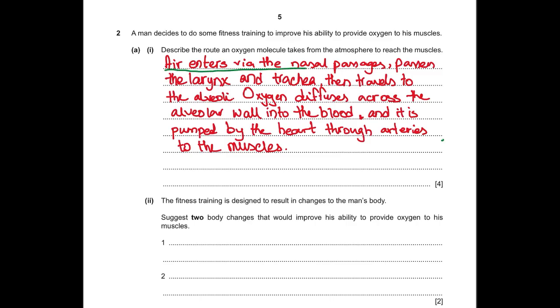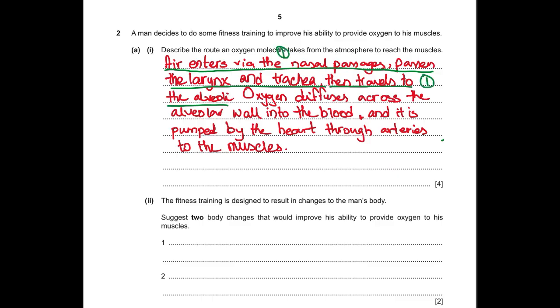You will get 1 mark for mentioning how air enters our body, explaining the passageway, that is through our nasal passages, the larynx and trachea. One mark for the passageway and 1 mark for mentioning how it travels to our alveoli.